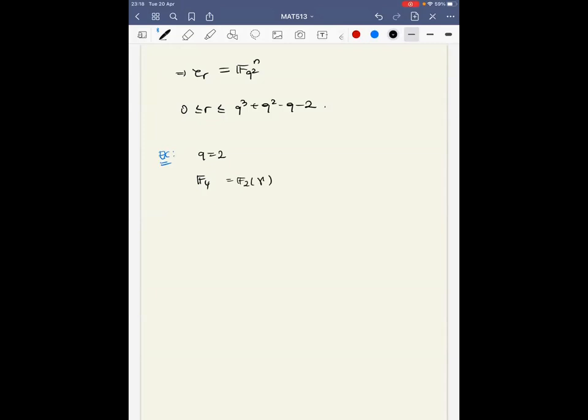we define F4 as F2 adjoining gamma. Gamma satisfies this equation. And we define the Hermitian function field.